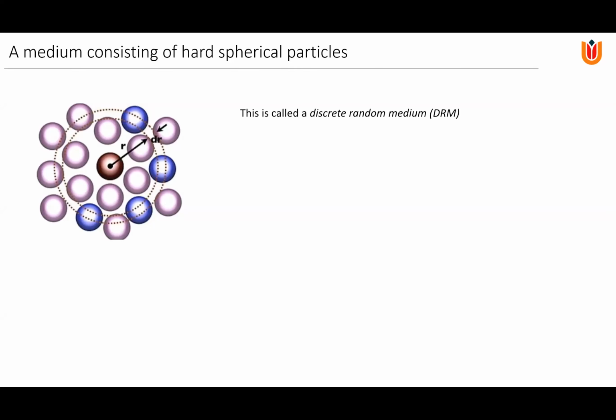So if we take a medium consisting of hard spherical particles, a discrete random medium, we can look at this situation. We take a reference particle somewhere in the center of that medium, and we're going to count particles we encounter in a spherical shell of radius r at some point away from that.